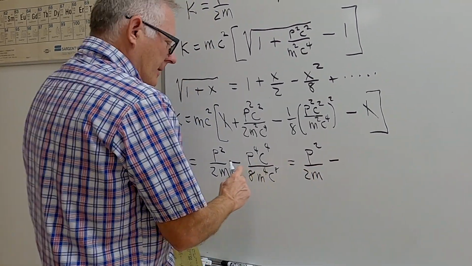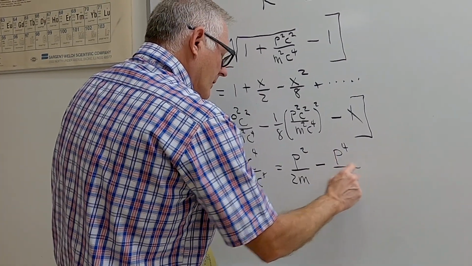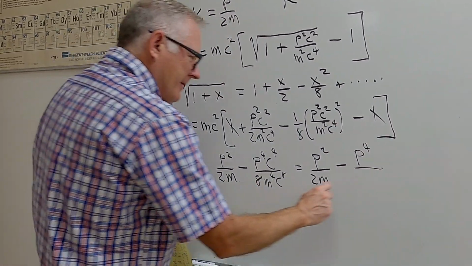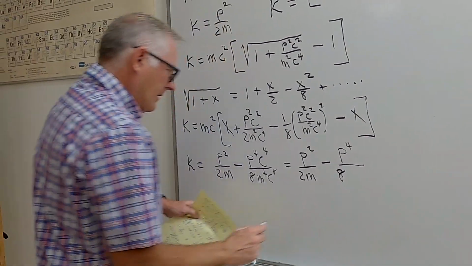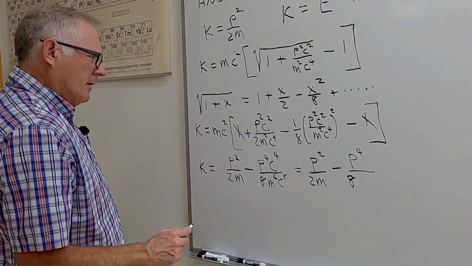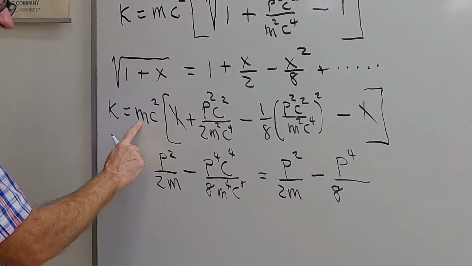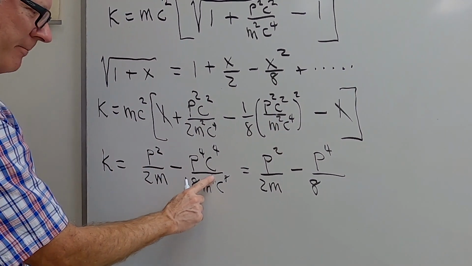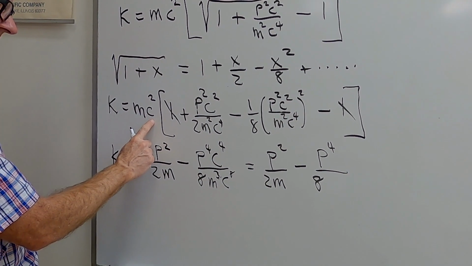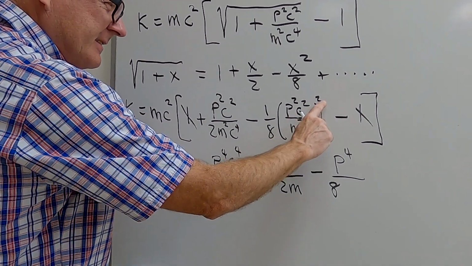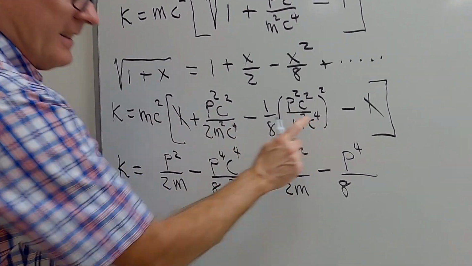minus p to the fourth all over 8 m to the fourth. There's an m to the fourth and an m here, so that should have just been m cubed. And we had c squared, and then that's c to the fourth, so that's c to the sixth over c to the eighth.